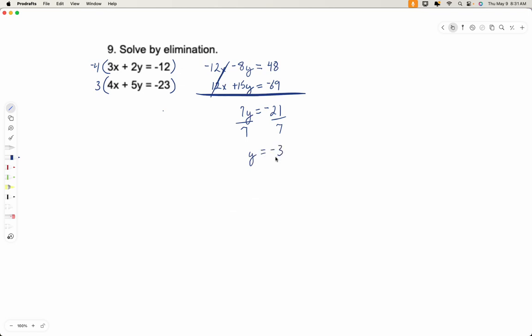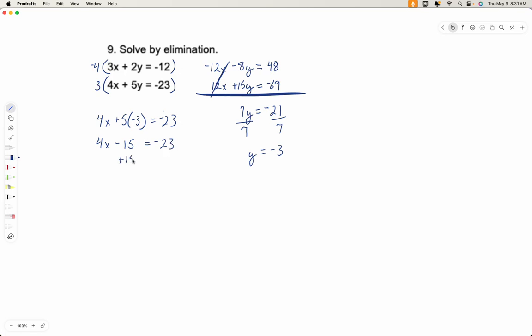Now all I need to do is substitute this in one of these. I'm just going to pick the bottom one because it's easy to get to. And I'm just going to rewrite it. 4x plus 5 times -3 is equal to -23. 4x minus 15, because now that's a -15, is equal to -23.